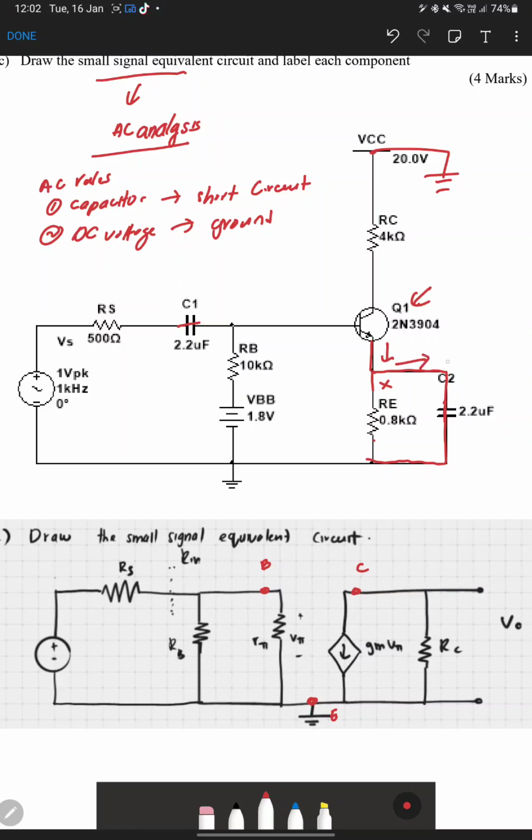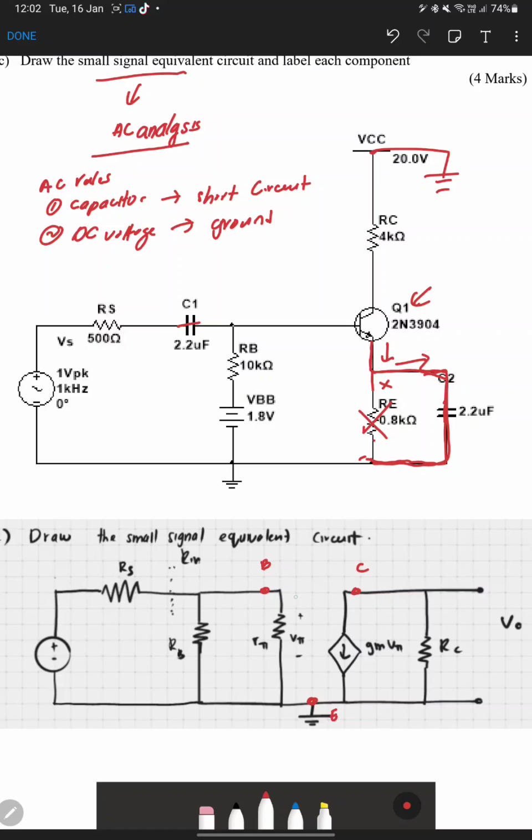It simply chooses the easier way, where there is no load. So it directly goes this way, and we can ignore RE in our AC analysis. So we assume the emitter goes directly to the ground with no load or resistance on this leg. Settled for the emitter.